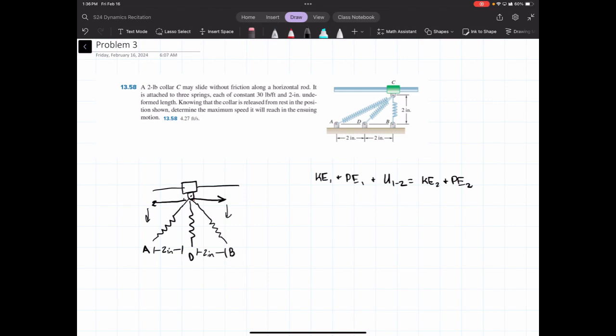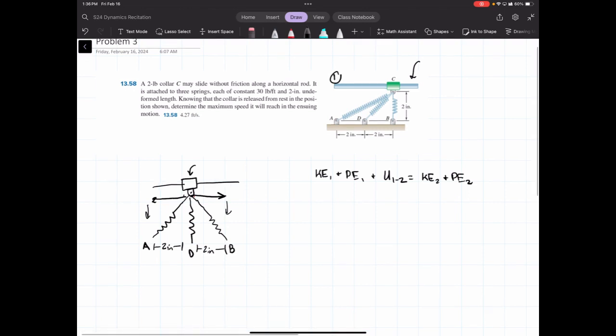So we are given information about the collar at this instant, and then we also know that our final instant where we're trying to calculate the maximum velocity is going to occur here. So this is going to be our state 1, and this is going to be our state 2.